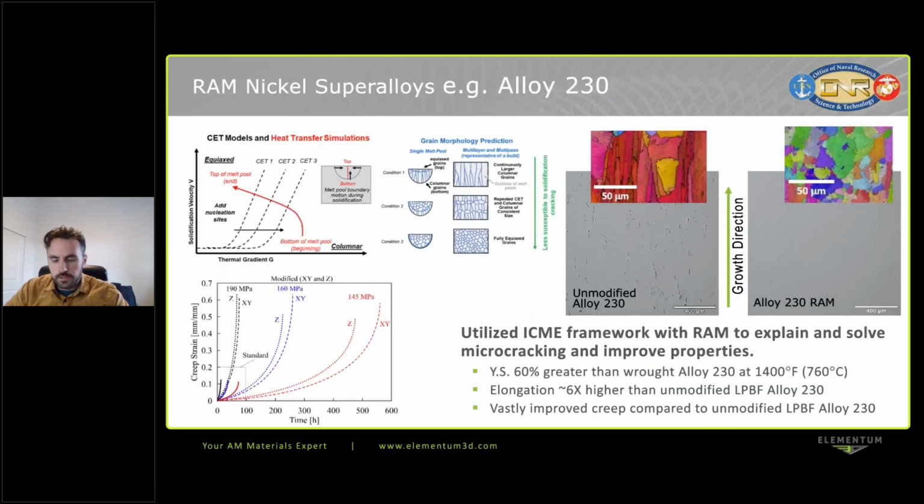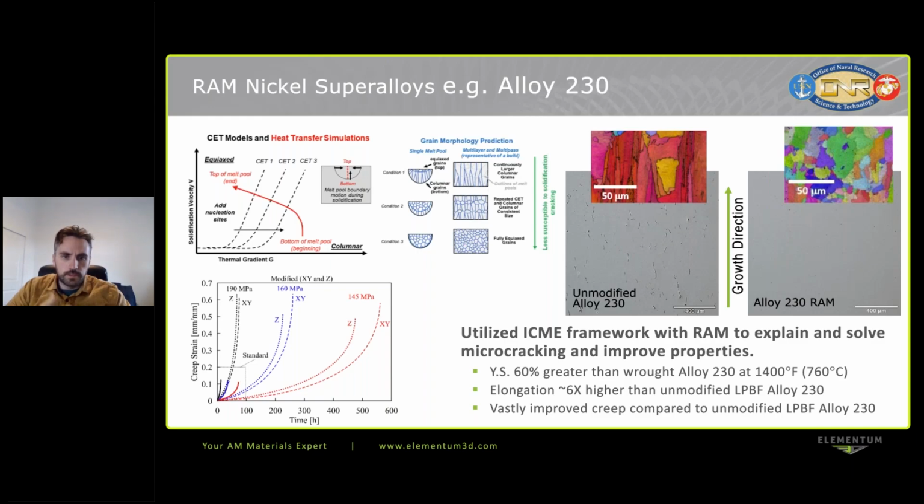With our success with the Navy SBIR for alloy 230, if you're not familiar with this, in laser powder bed fusion, Haynes 230 or alloy 230 suffers greatly from solidification cracking.